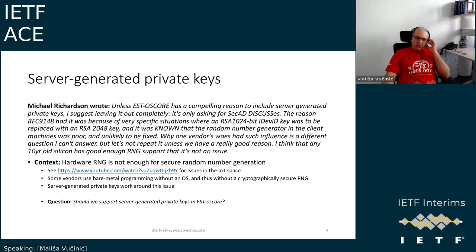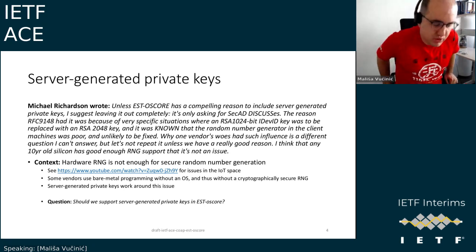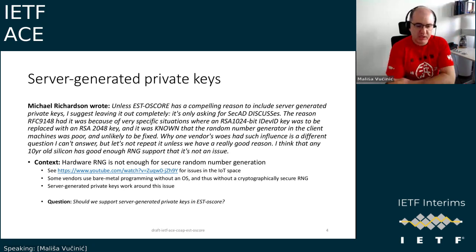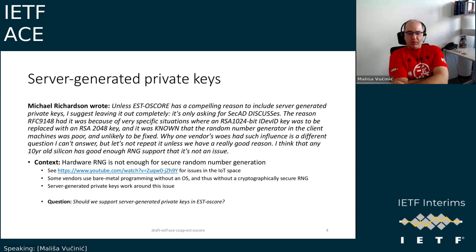Okay, so I'm not arguing that it's good to have server-generated keys. So Paul is saying I would be okay with a big fat warning that it should not be done unless absolutely no other way is possible. So yeah, I think this was my proposed way forward, and it seconds what Joran said about having a big security considerations section on server-generated private keys.